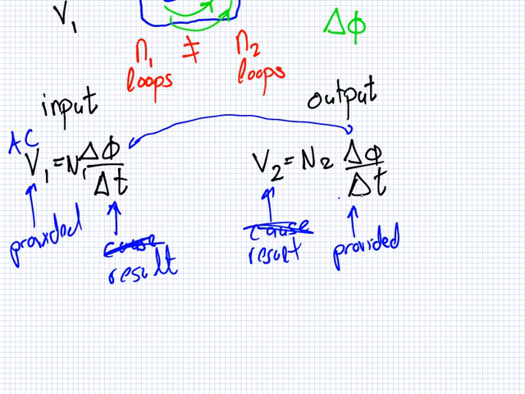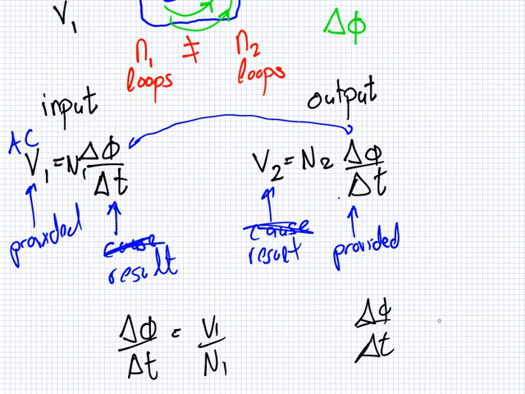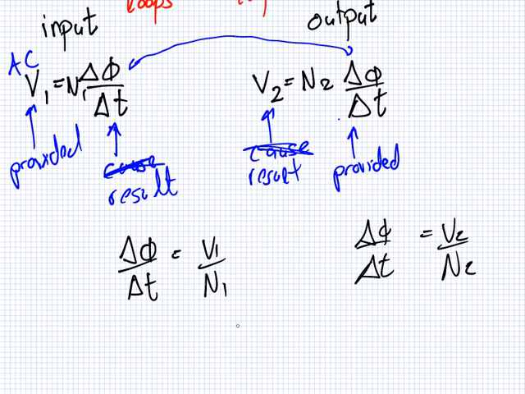So, we can then equate these equations. We can say change in flux over change in time is V1 over N1, and here change in flux over change in time is V2 over N2. And you might decide, okay, well I can make these equal.